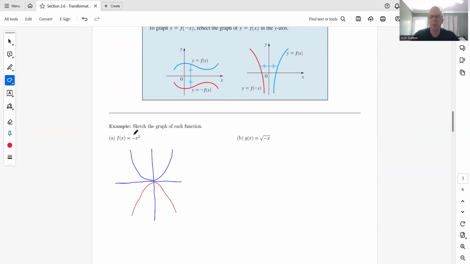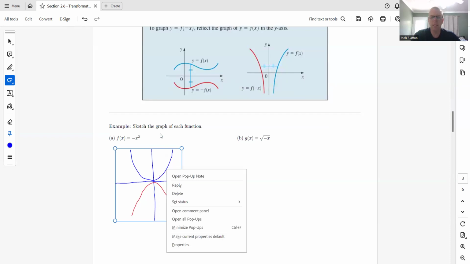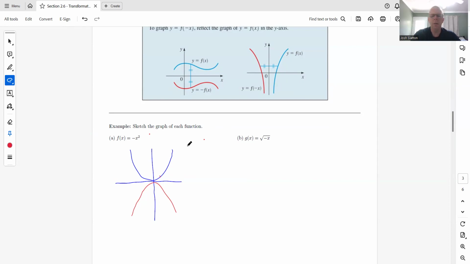Now, because you're going to square it and then put a negative in front, all these values are going to become negative. So instead of having, say, 1, 1, or 2, 4, or 3, 9, all of these are going to become negative.